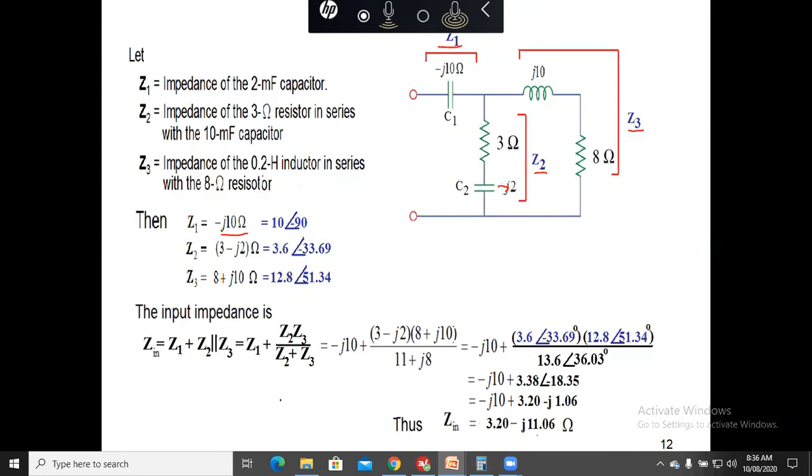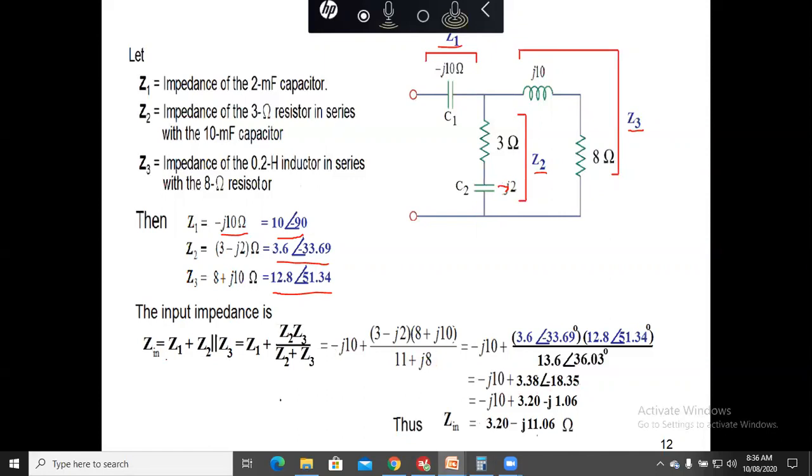So this is 10 at minus 90 degree, 3.6 at minus 33.69 degree, 12.8 at the angle of 51.34 degree. So we can solve it in the complex form, and then we take the equivalent impedance.